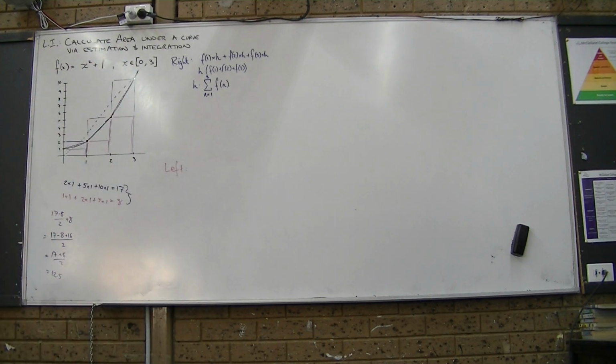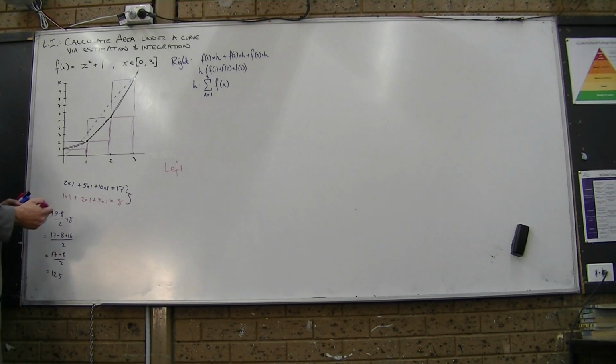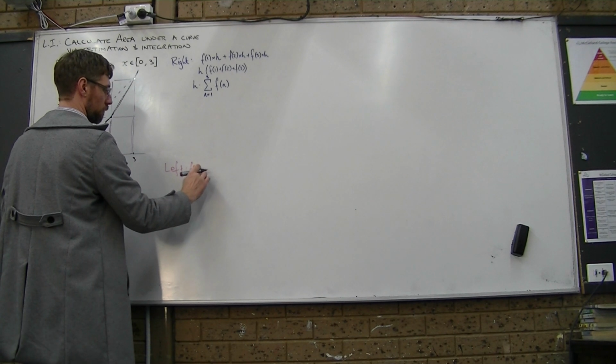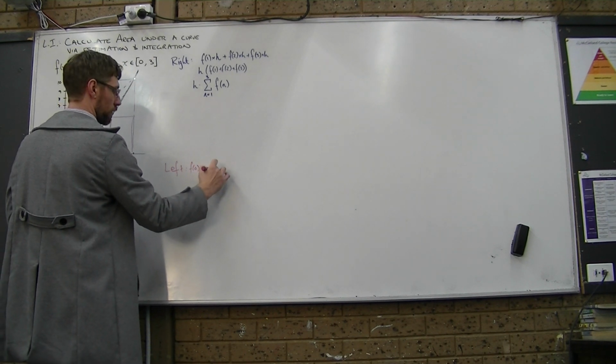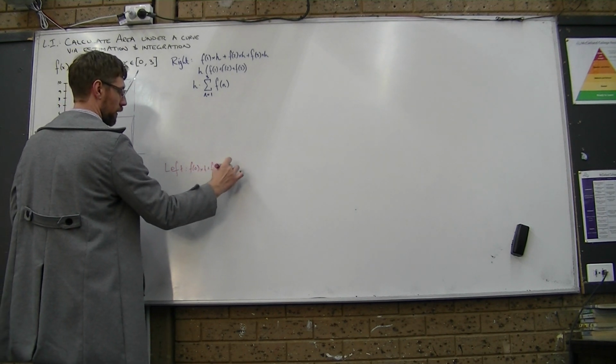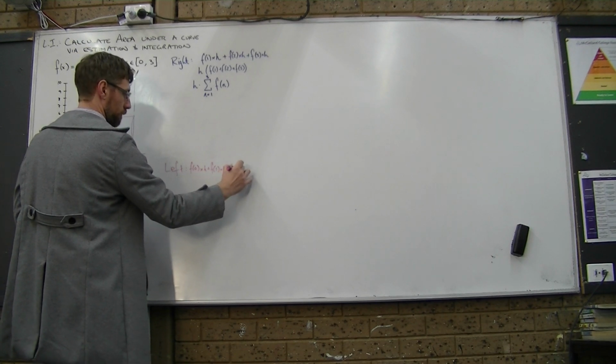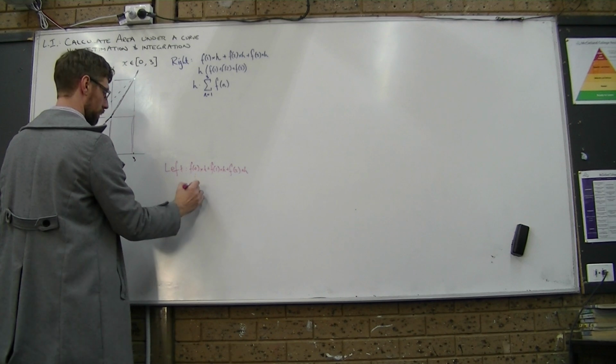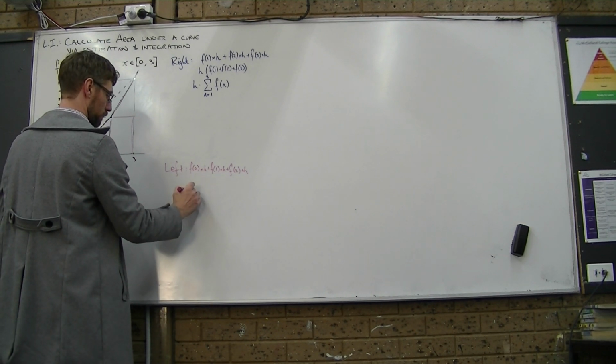Cool. Alright, let's figure out left. How did I get to the left side? Well, it'll basically be the exact same except n will start at 0 and go up to 2. Okay, so we got f of 0 times h plus f of 1 times h plus dot, dot, dot, h.